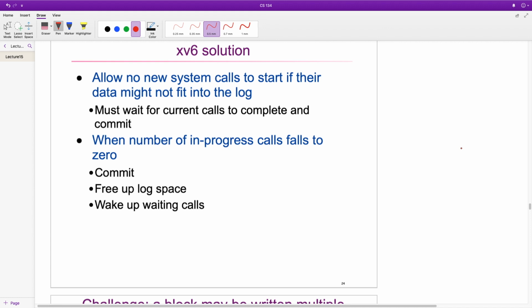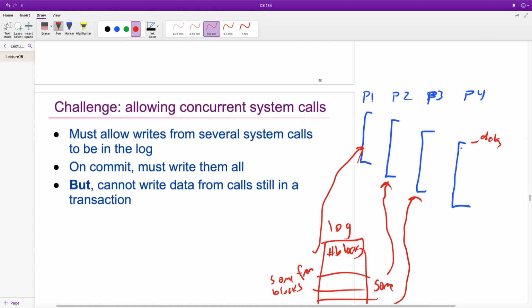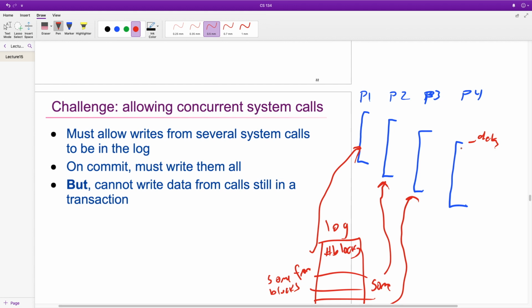When the number of in-progress calls falls to 0. So here, when P1 starts, we're going to keep track of the fact that we have 1 open system call running. And this one will have 2 open. And this one, when it wants to start, yes, we still have enough space in the log for you. Even if you wrote your maximum, there are 3 going. When this one finishes, we're down to 2. When this one finishes, we're down to 1.